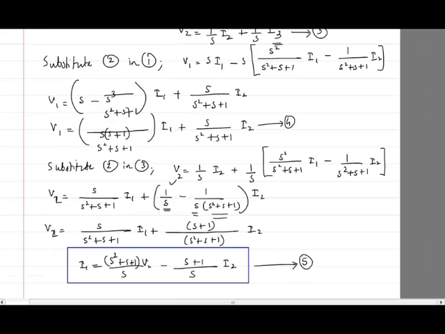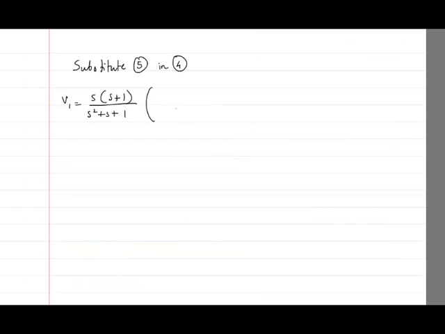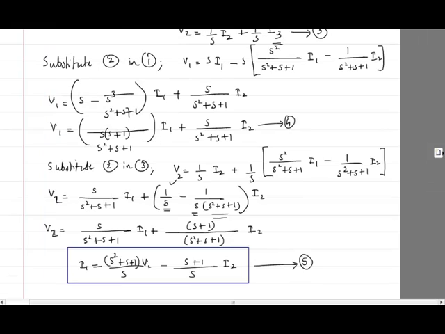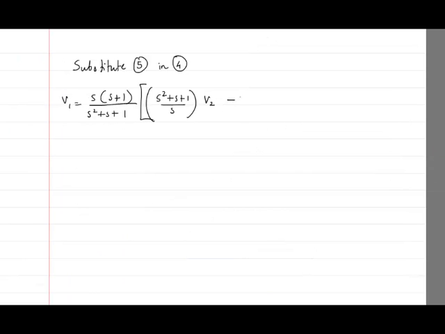I have found out of I1 that it is S square plus S plus 1 divided by S into V2, correct, into V2 and minus of S plus 1 divided by S I2. Okay, that was I1. And what about the second part in that equation?